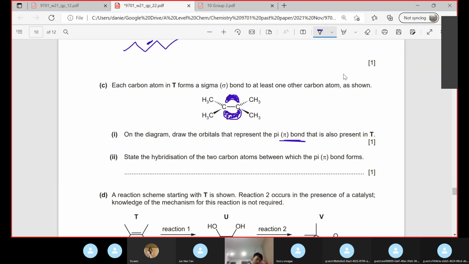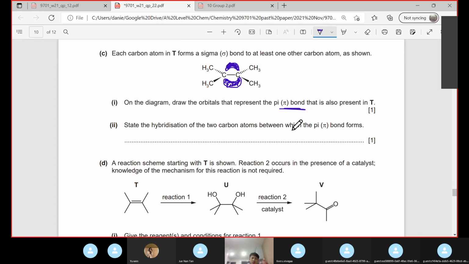As long as you show the overlapping of the p orbitals, then you get 1 mark. Then C Roman 2, state the hybridization. This one is easy. Double bond, so only one double bond, sp2.